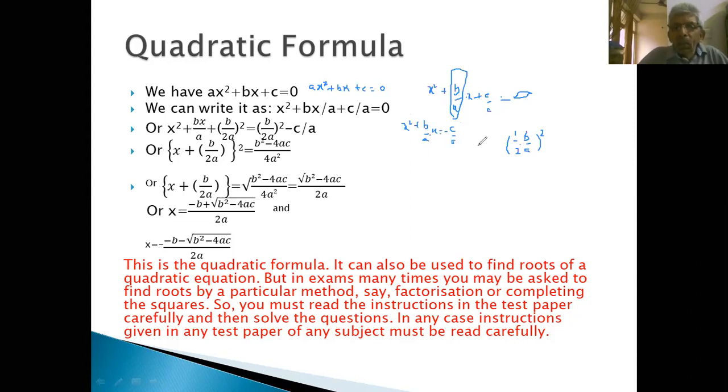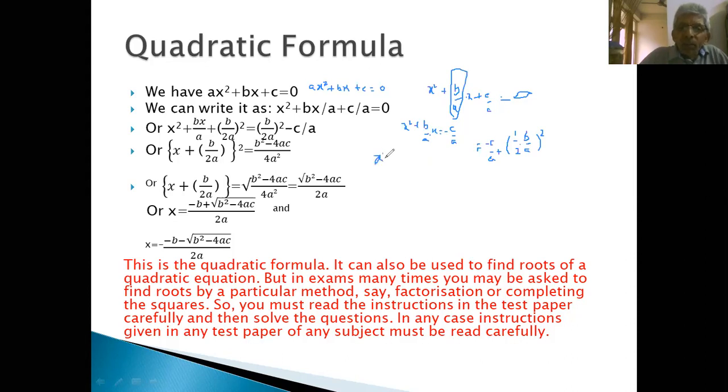Now, in the next step, I told you we are adding 1 by 2 into b by a whole square on the left hand side and the right hand side. On the left hand side, the constant term will be as such, and this 1 by 2 into b by a whole square is added. Same thing we add on the right hand side.